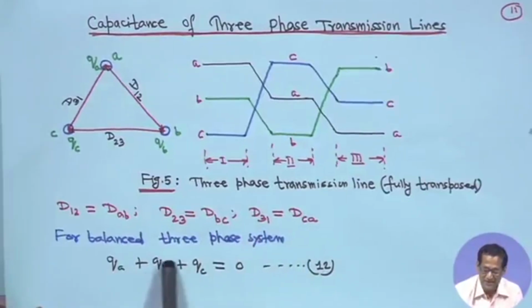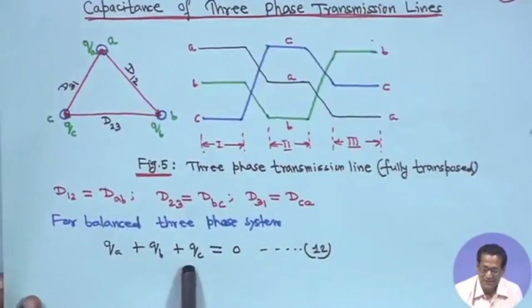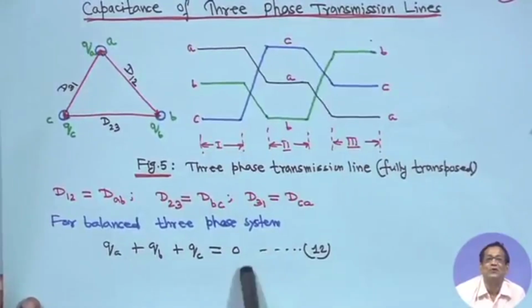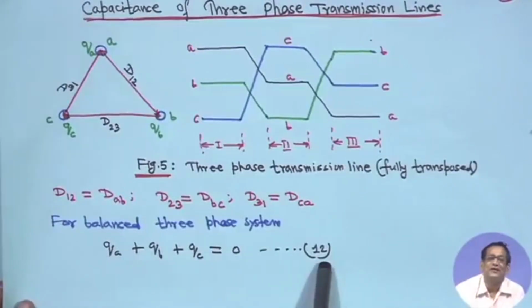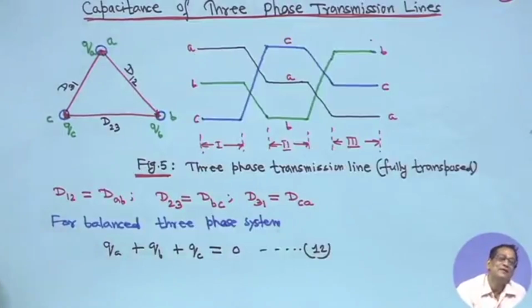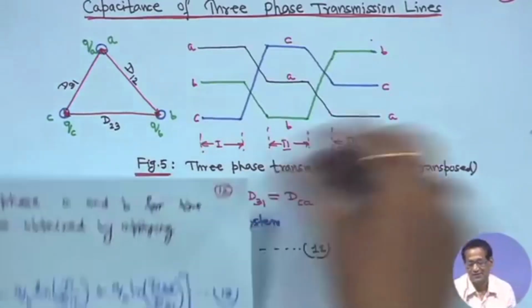Now, for a balanced 3-phase system QA plus QB plus QC is equal to 0, this is equation 12, like your current IA plus IB plus IC is equal to 0, assuming no neutral.